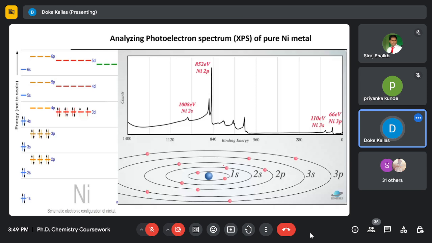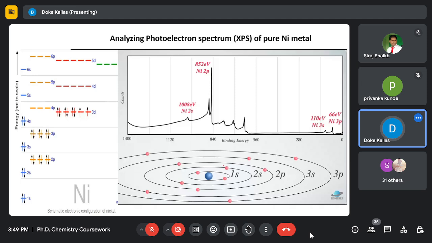Next, the most intense peak is at 852 electron volts, which is from the 2p electrons. It has a doublet like NMR spectra. Later on, I will explain how it gives a doublet. And this is the 2s, which has more binding energy, 1008 electron volts.